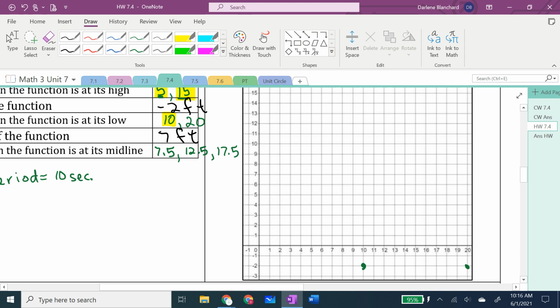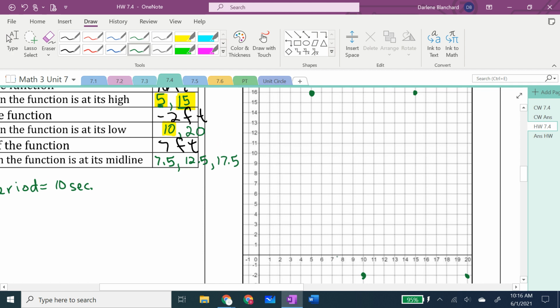At time 7.5, I am at my midline of, where is it, 7? I need to circle it. Ding. And then at time 12.5, midline again.